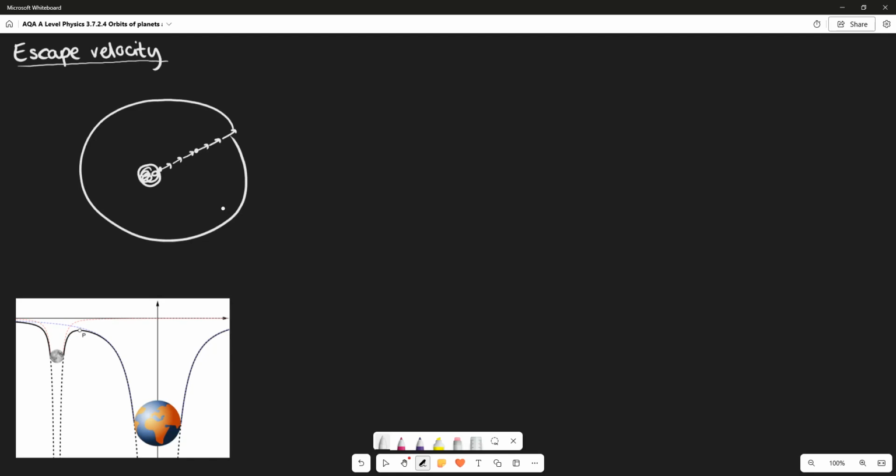That's usually how we get things into orbit around the Earth. But you need to be familiar with the concept of escape velocity. And that is, an object is launched with a single push up to a velocity. And that velocity is enough for it to continue and escape the Earth's gravity.